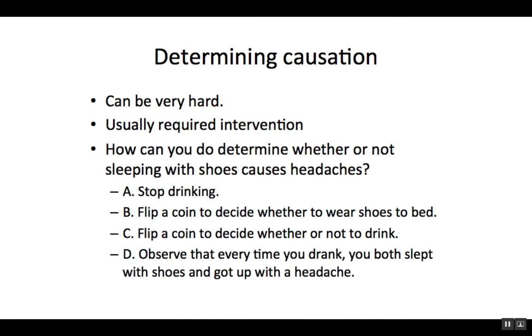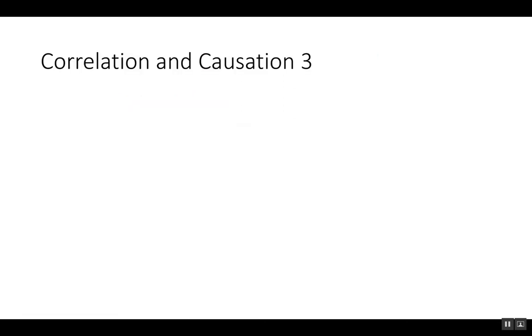Stop drinking, flip a coin to decide whether to wear shoes to bed, flip a coin to decide whether or not to drink, or observe that every time you drank, you both slept with shoes and got up with a headache. Flipping a coin is probably a good approach because it changes what happens, and then we can see what the correlation is.